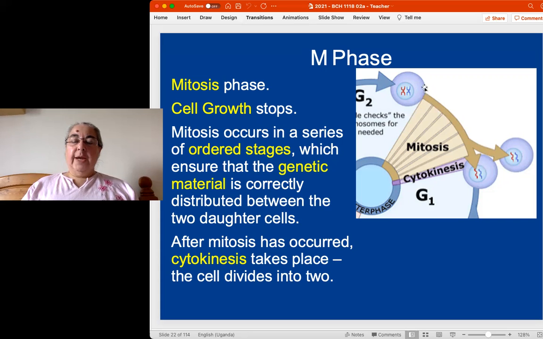In between this stage and this stage, there are a series of steps, which are the stages of mitosis. And then the final stage, well, it's actually after mitosis, is called cytokinesis, which is the actual dividing of one cell into two new cells. We'll be looking at the details of each of the stages of mitosis in a few minutes.